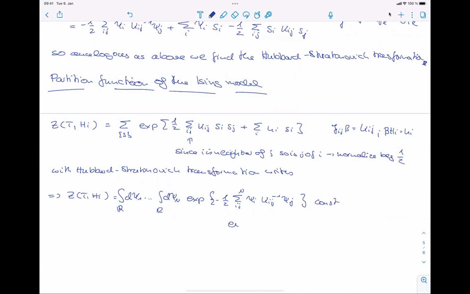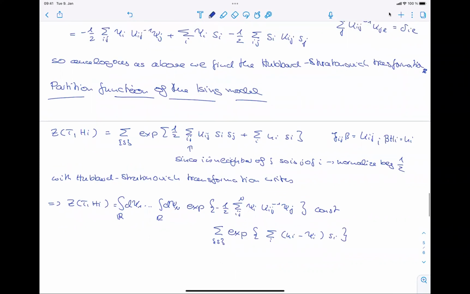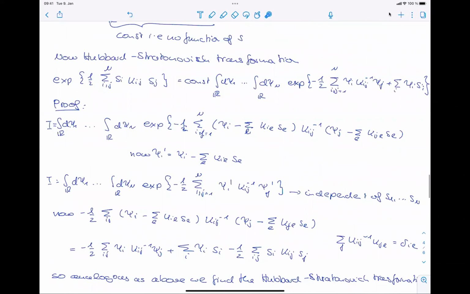Times a constant times, and here we have the sum over the states, with an index S, h_i minus psi_i. Okay, so where are these terms coming from? So this term is this one. And then these two terms come from the Hubbard-Stratonovich transformation. So it's this term plus this one, and I just separated them out.